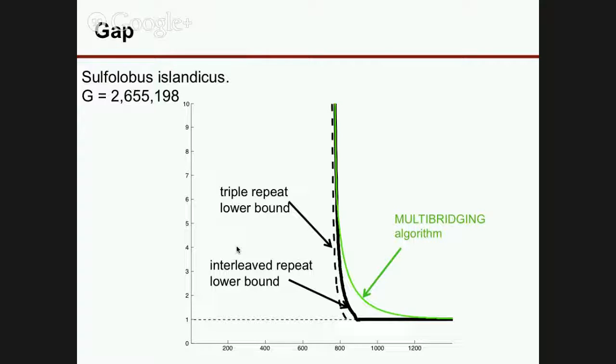Okay. Here's a question. Is there a significant gap between triple bridging and single bridging, right? In other words, do you need significantly more reads to triple bridge or not?